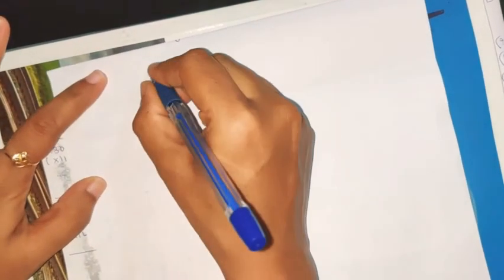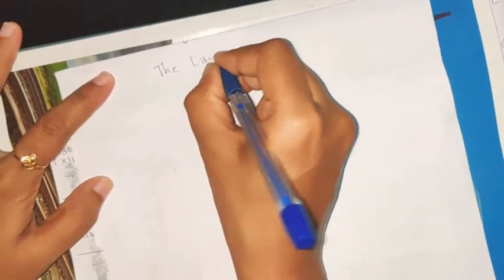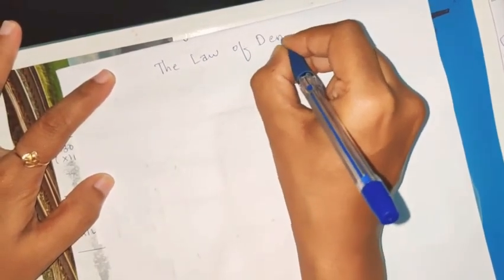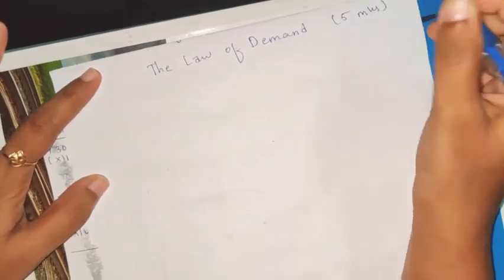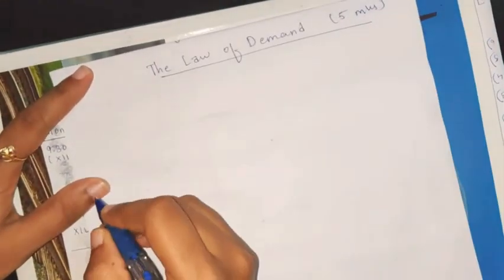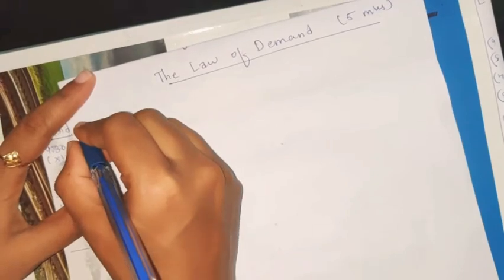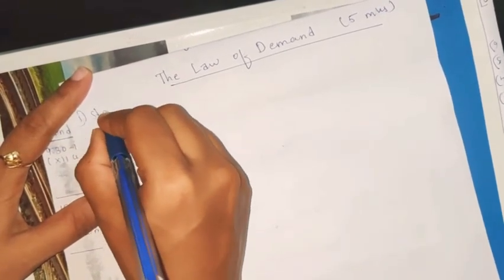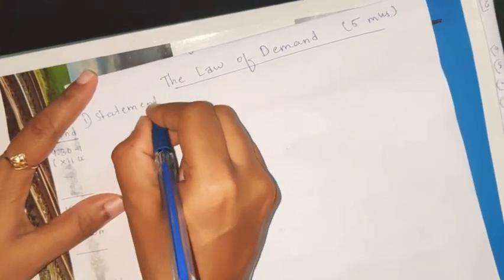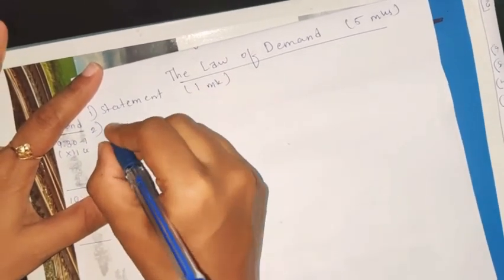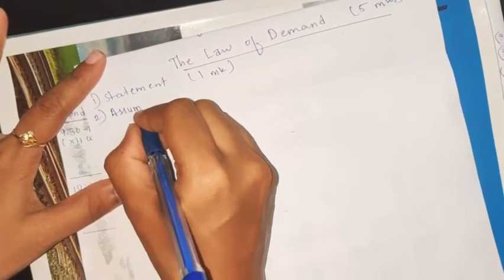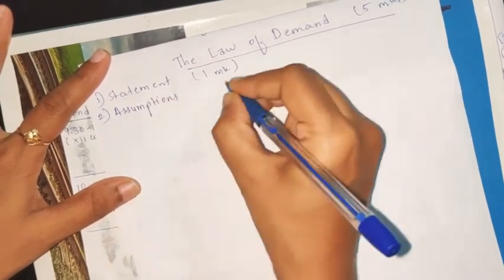Today's topic is the law of demand, which consists of 5 marks. For any theory, we have 5 parts. The first one is statement, which has 1 mark. Second is assumptions, 1 mark.